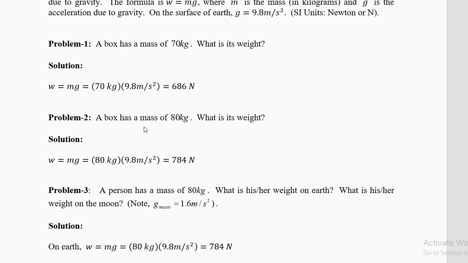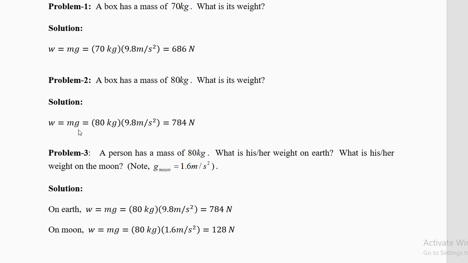Another problem, a box has a mass of 80 kilogram. What is its weight? Weight equal to mg, 80 kilogram into 9.8 meters per second square. Now 9.8 is similar to 10. 80 into 10 is 800. You will get a little less than 800, and that exact number is 784 Newton. If you write 800, it will be wrong.